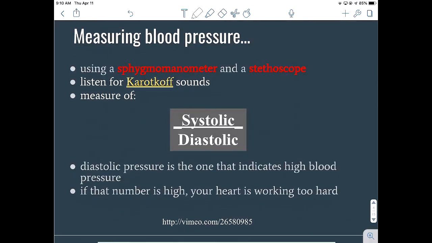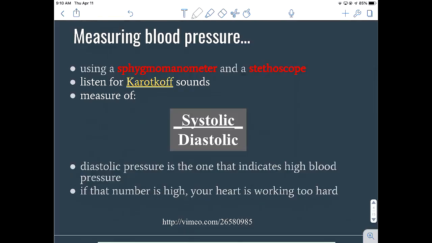All right, so we can measure blood pressure with this thing and this thing. Sometimes they are connected.